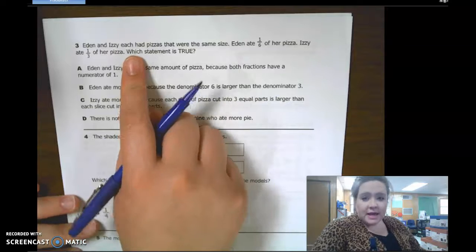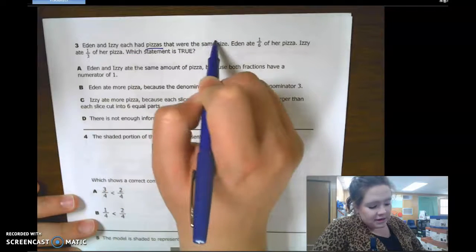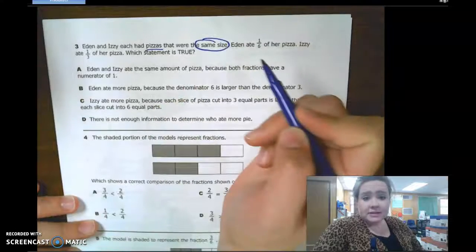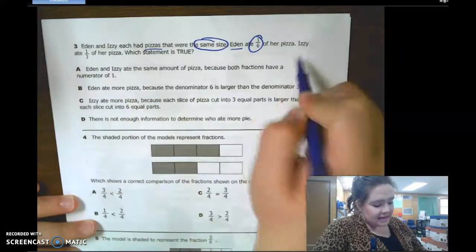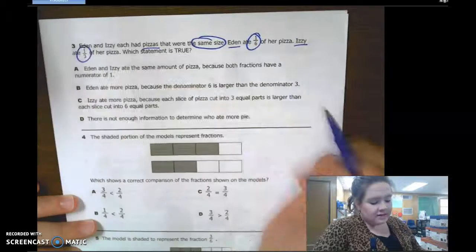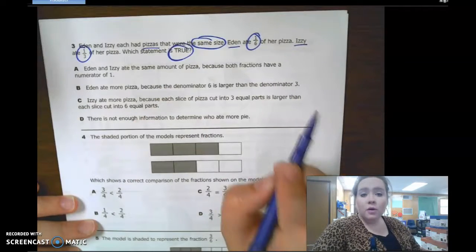All right. Eden and Izzy had pizzas that were the same size. Eden ate 1/6 of her pizza and Izzy ate 1/3 of her pizza. Which statement is true? All right.